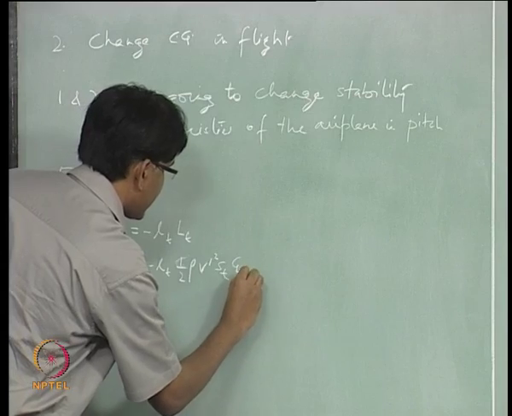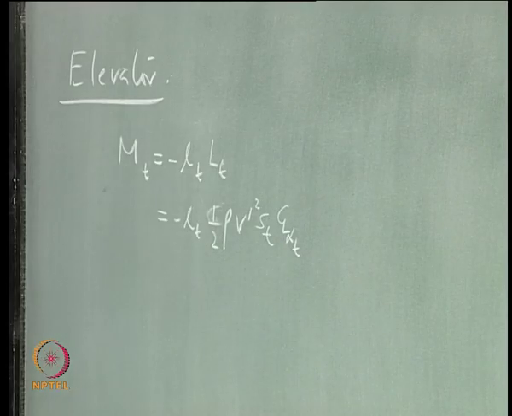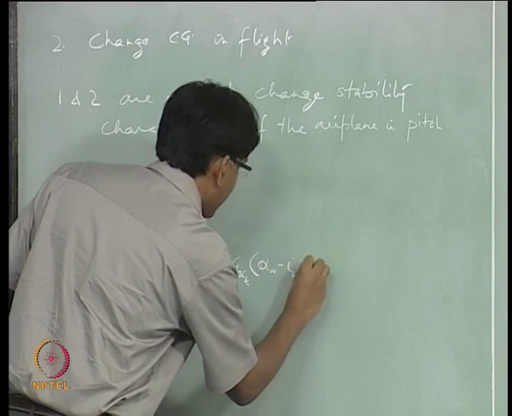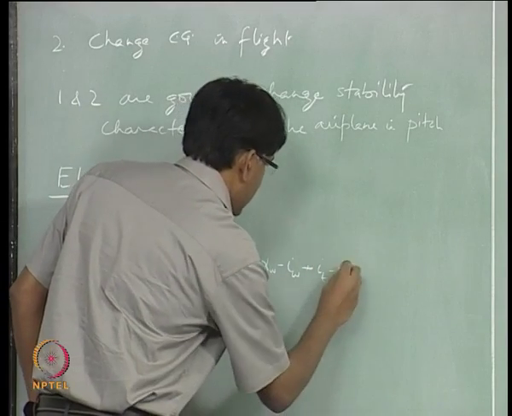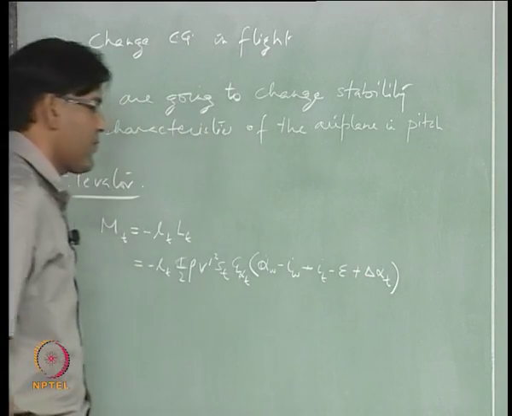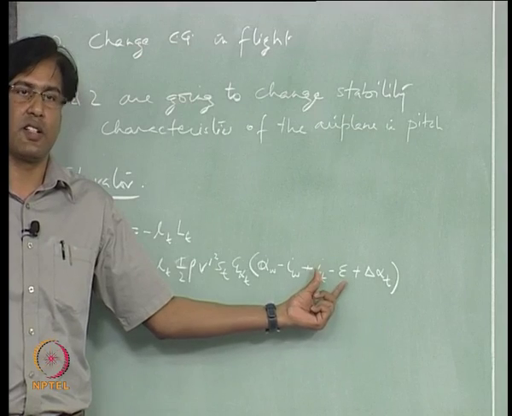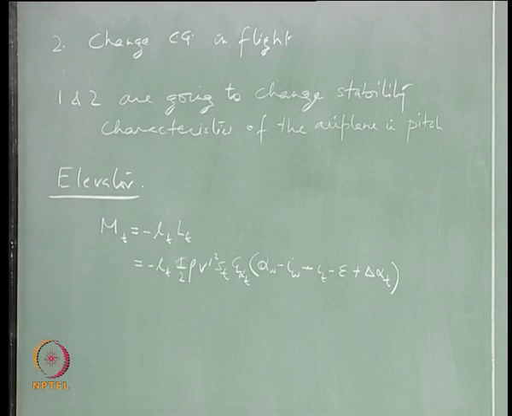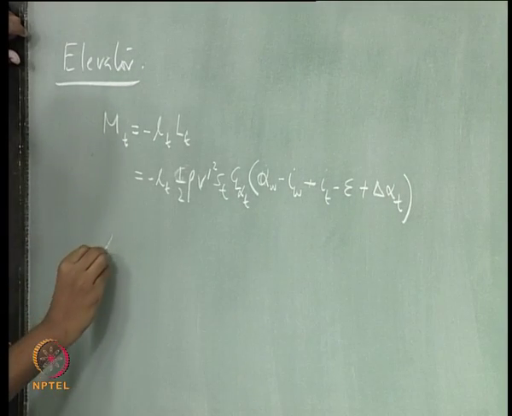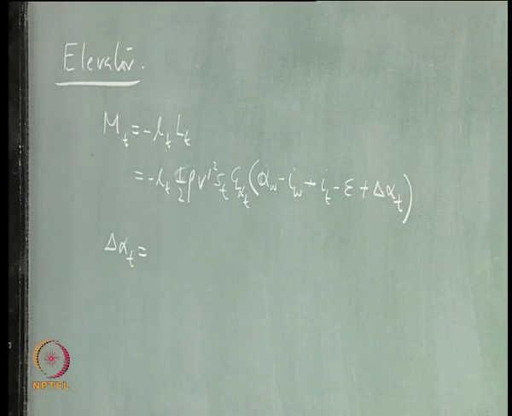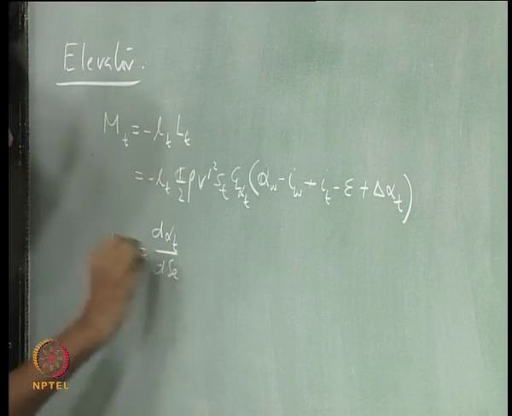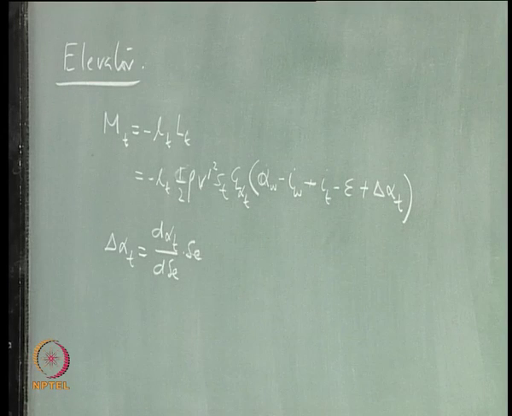CLT, so I will write this as CL alpha t, right, plus a change in angle of attack due to the elevator, right. And this delta alpha T is this.